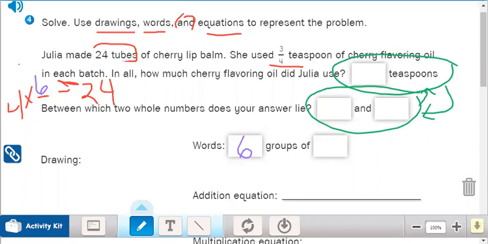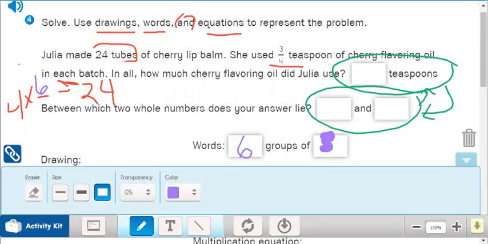So our biggest question that we're trying to answer is how much cherry flavoring oil did Julia use? Okay, so in each batch, she used 3/4 teaspoon. So in this box here, I will write 3/4 teaspoon for us.